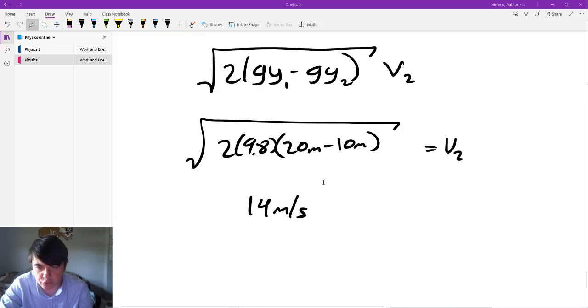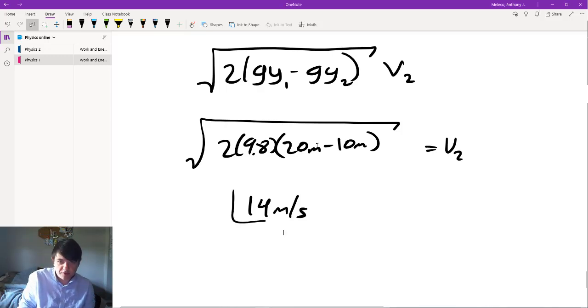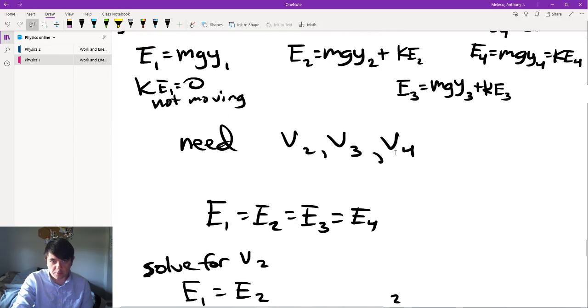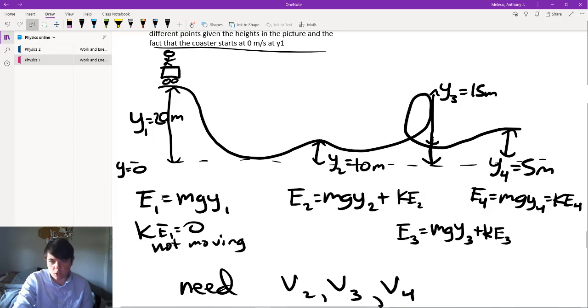So now we need to do the third velocity and the fourth velocity. I'm going to do basically the same thing. All of this will look the same. It's easier to compare E1 to E3 than E3 to E2 because you have so many more terms right here.